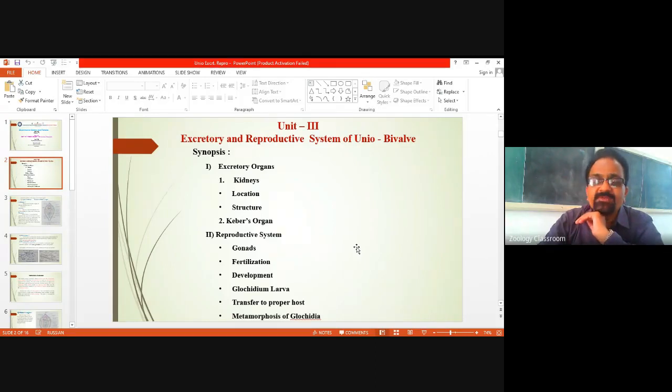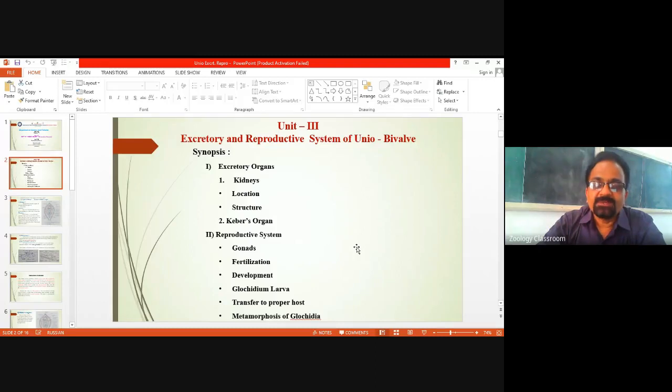So water enters into the gill lamina through these ostia, and the gill laminae are provided with gill filaments. We have studied the structure of the gill filament. These filaments are made up of ciliated epithelium, supported by a chitinous rod inside. These gill filaments are provided with three types of cilia. Can you name the three types of cilia?